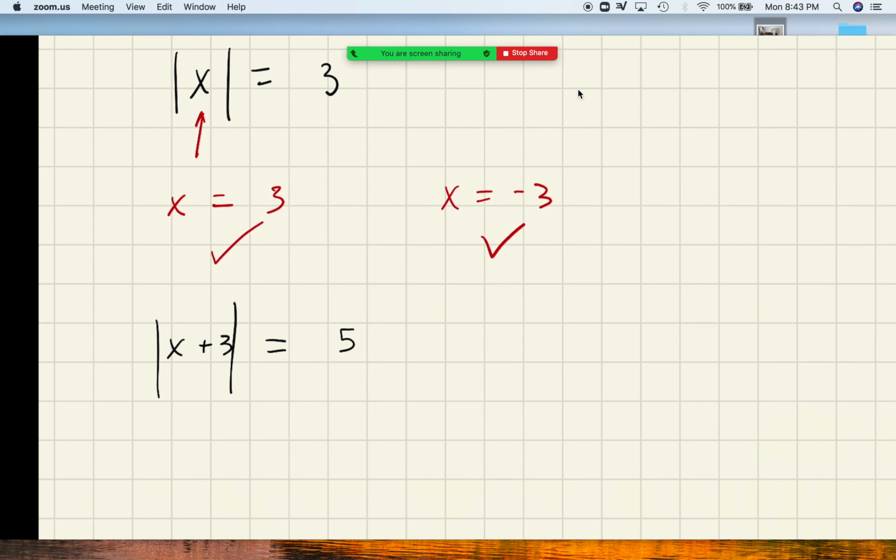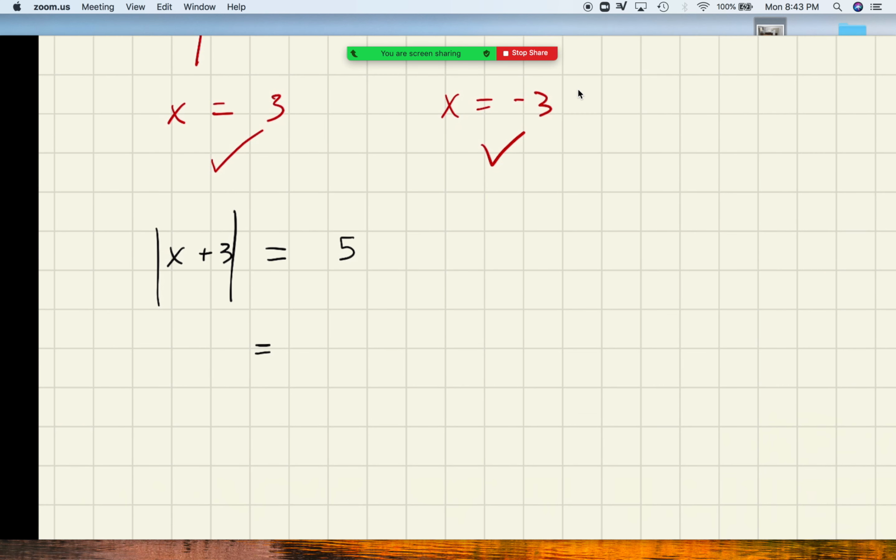Or we can do this step and this step, which means one of them we say whatever this is without the absolute value equals this number, so x plus 3. I'm just getting rid of the absolute value. And the other one is getting rid of the absolute value but making this number negative, so -5.